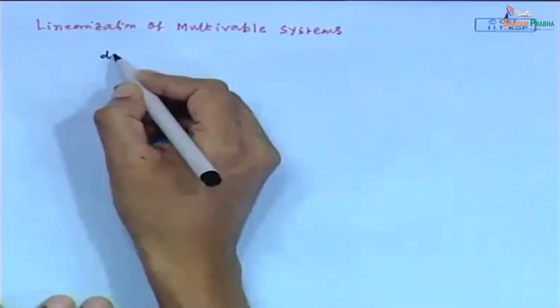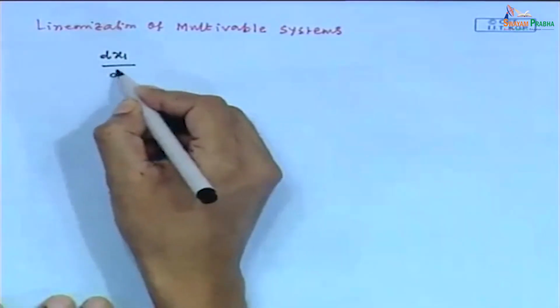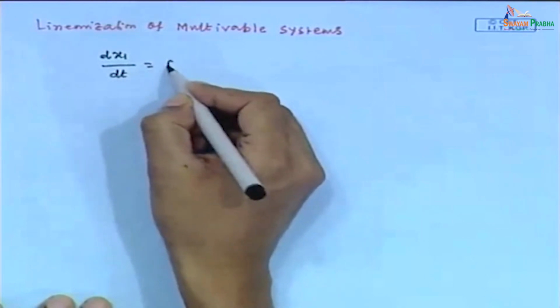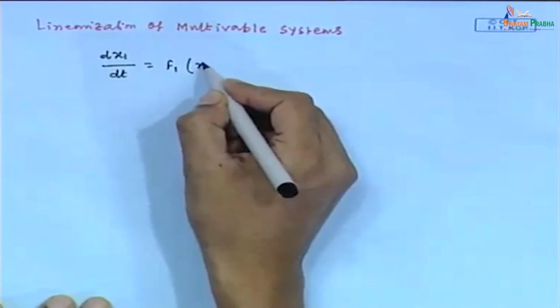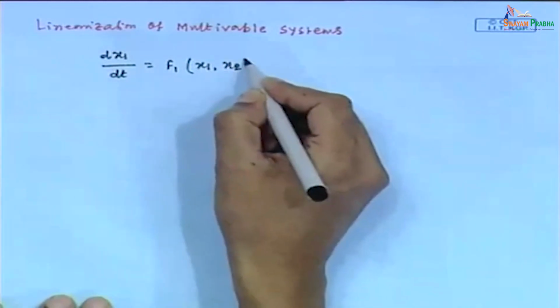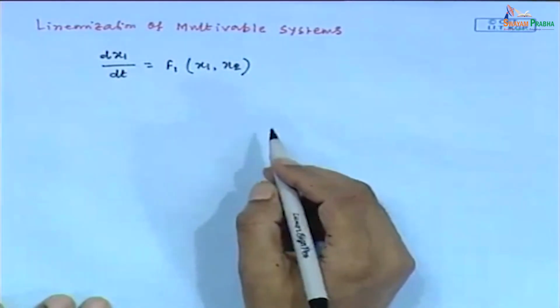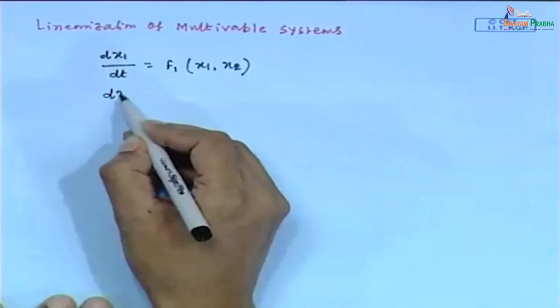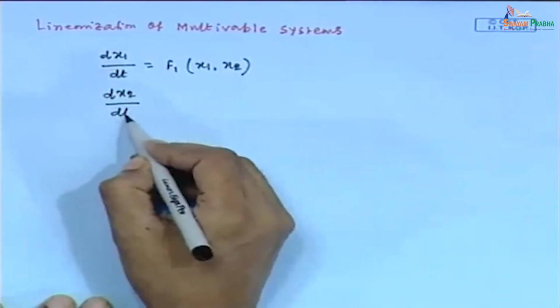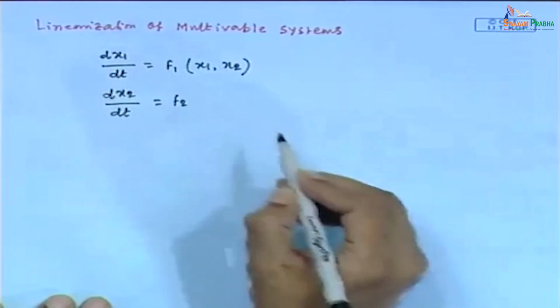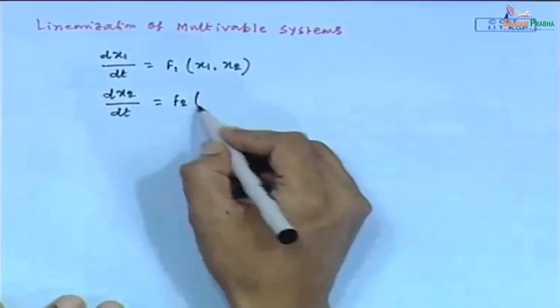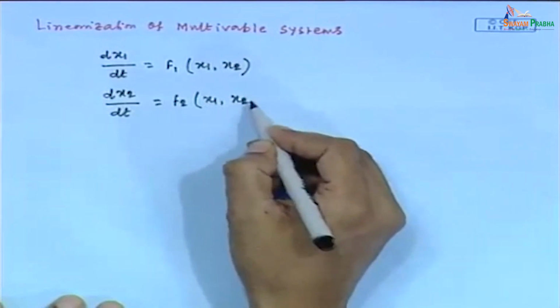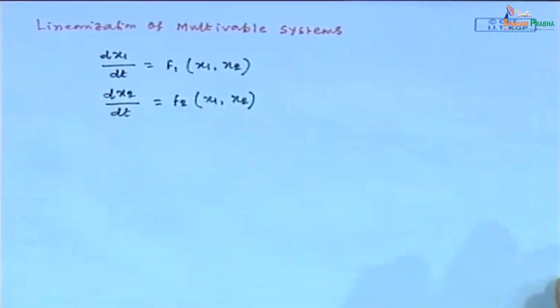Today we will consider a multivariable system represented by these two equations: dx1/dt equals a function f1 of x1 and x2, and another equation, dx2/dt equals the second function f2, which is also a function of the two state variables, x1 and x2.